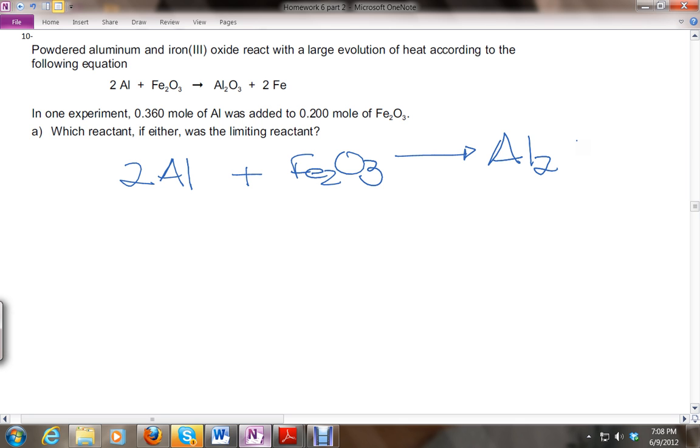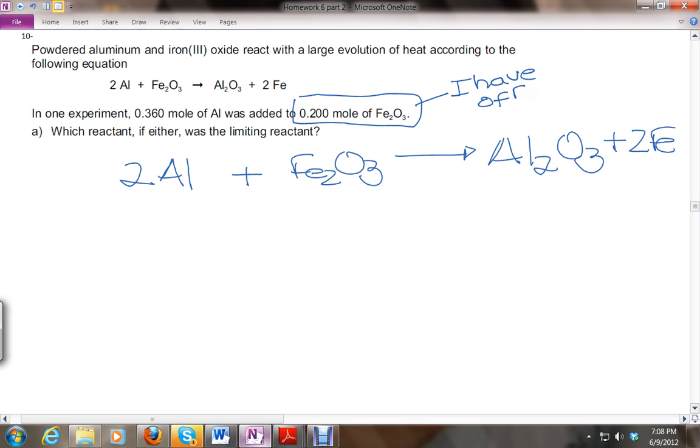If I pick aluminum to find out how much iron III oxide I need, then I compare it to what I have. This is what I have of iron III oxide.